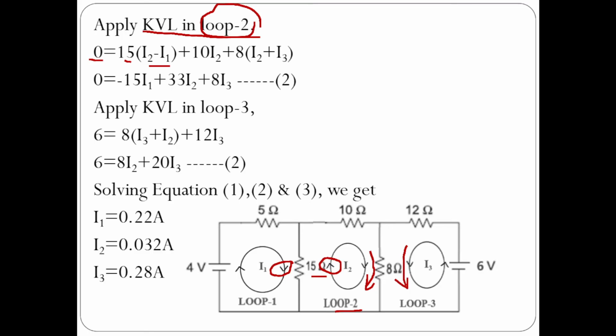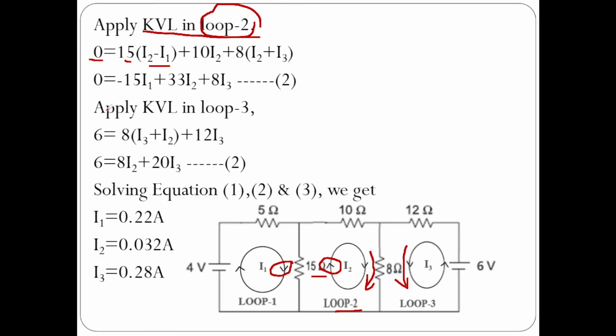So both directions are same. Therefore 8 is between loop 2 and loop 3. Therefore 8 into I2 plus I3. Now simplified, 0 equal to minus 15 I1 plus 33 I2 plus 8 I3.